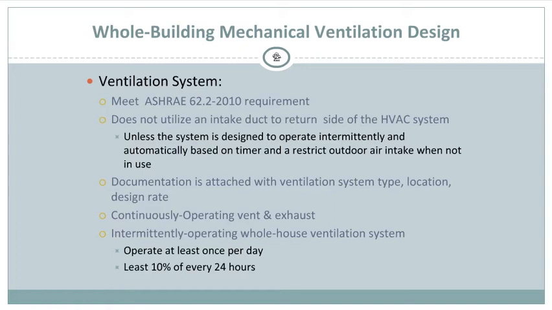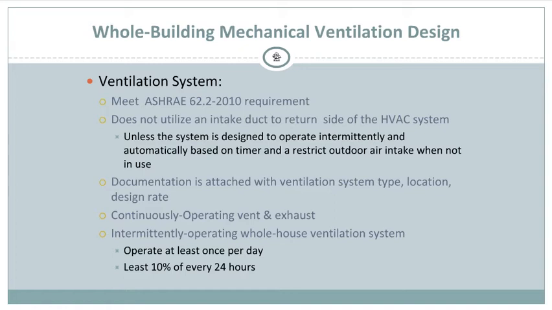Again, with the document, with the continuous operating vent and exhaust, since we're building our houses so tight, and let's say your HERS rating units are coming in at, let's say, 50 or better in tightness, you're going to have some kind of ventilation or an exhaust system bringing fresh air into that unit because your unit is now too tight.